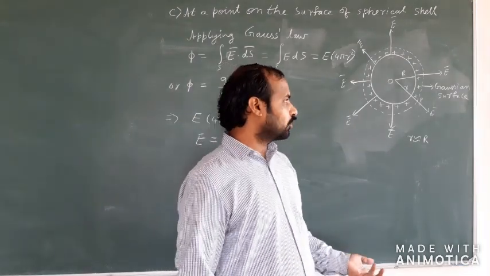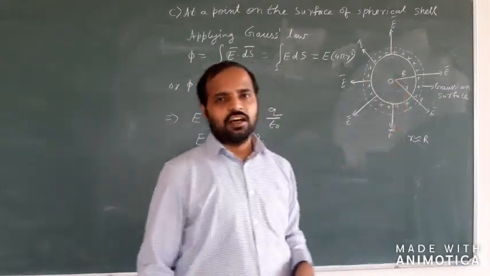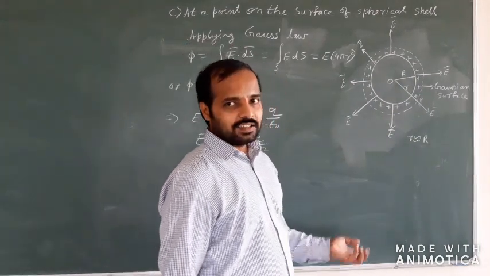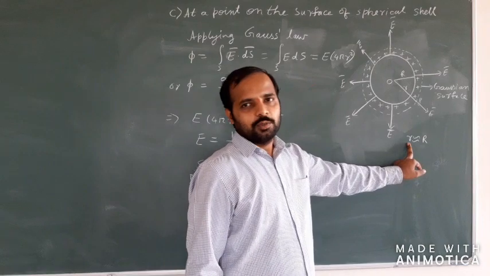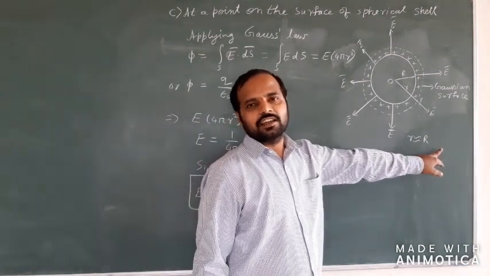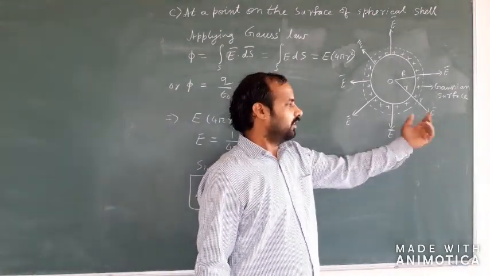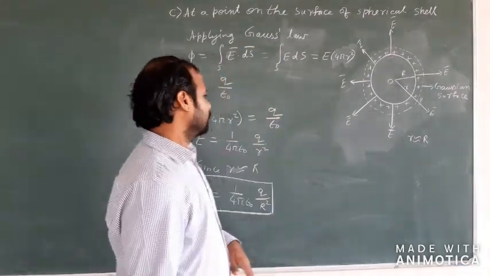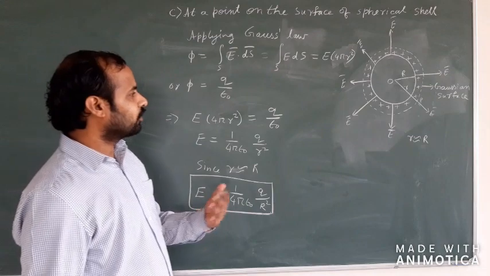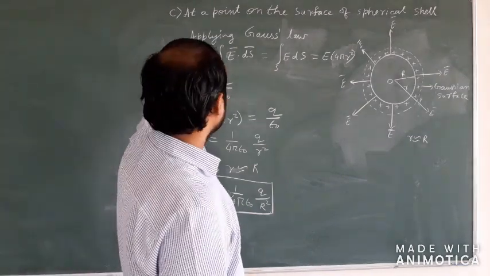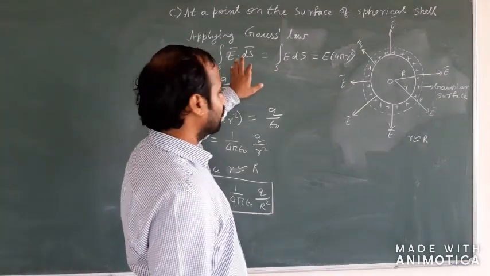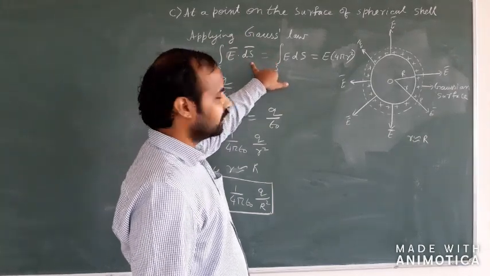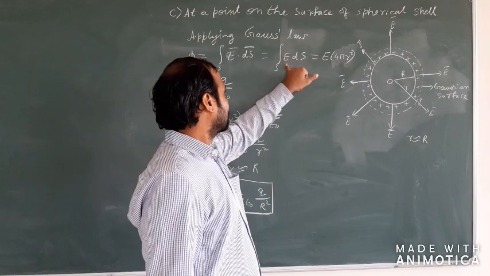So what we are going to do here is take a Gaussian sphere which has a radius small r, slightly greater than capital R. That is, it is almost equal to R, but slightly greater than R. If we apply the Gauss theorem, we have φ = ∮E·dS = ∮E dS.